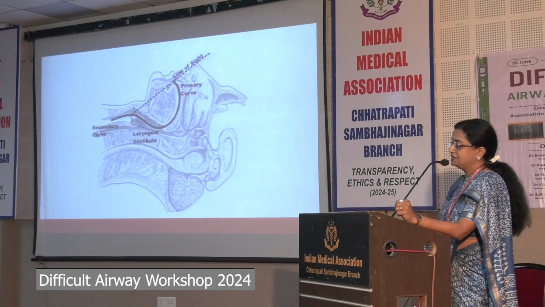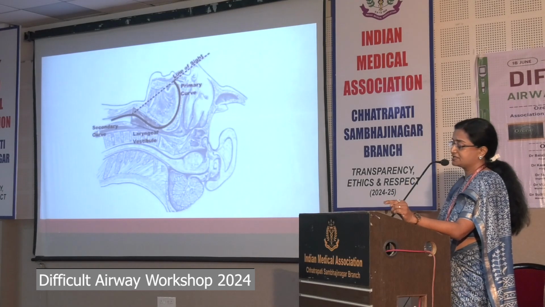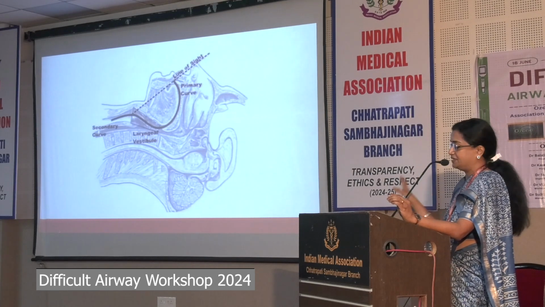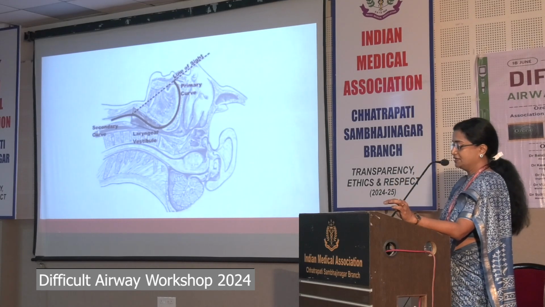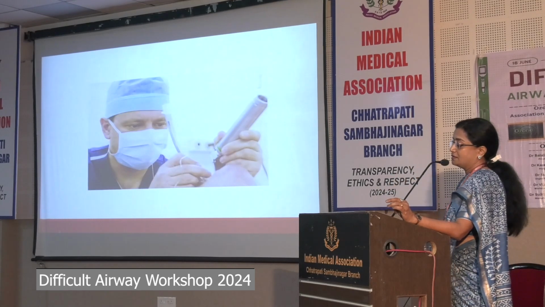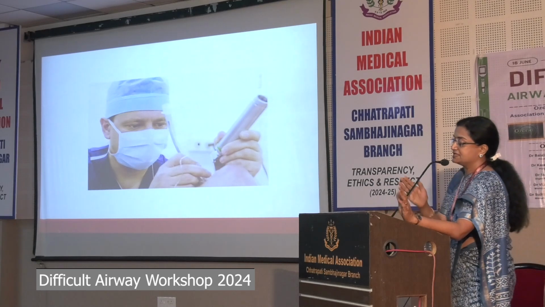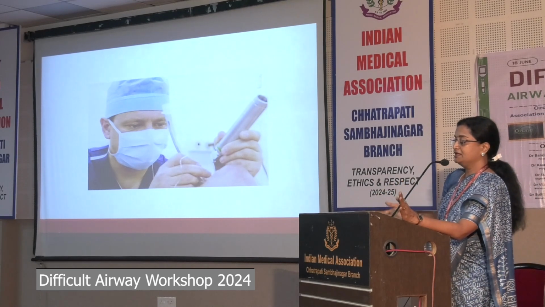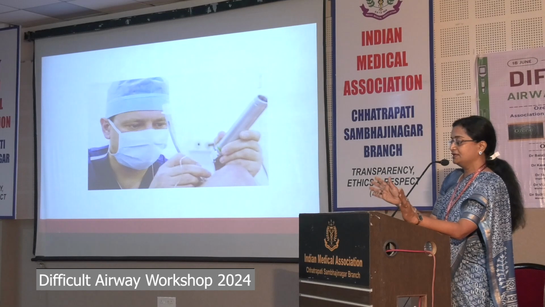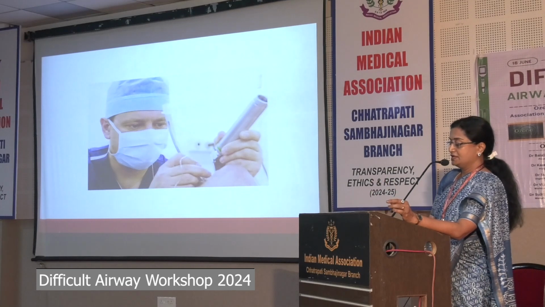You have to know these curves for adequate mask ventilation and laryngoscopy, and our aim is to flatten this primary curve to get the line of sight of the intubator to the secondary curve, because the basic principle of laryngoscopy is inserting the blade, viewing the glottis and passing the endotracheal tube.